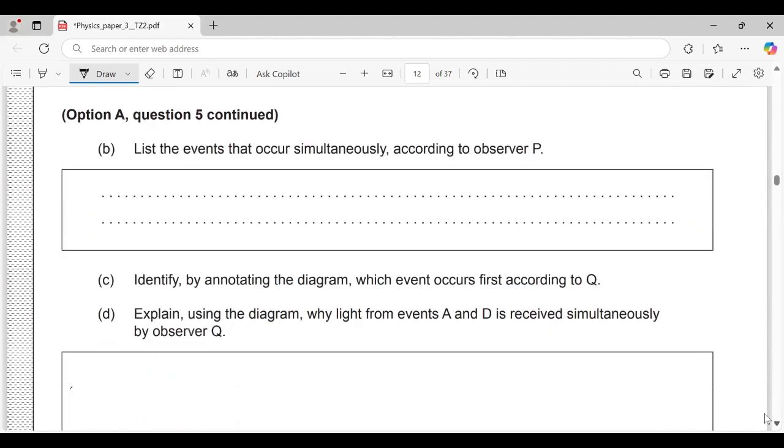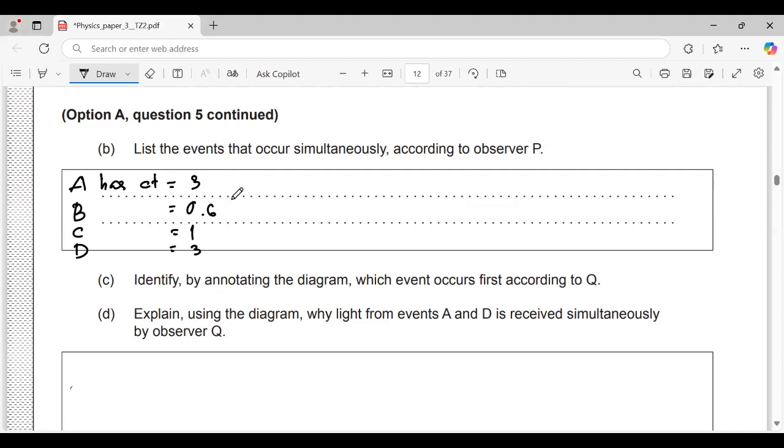List the events that occur simultaneously according to observer P. Right. So from the coordinates of the four events, event A has ct coordinate 3. B has ct coordinate 0.6. C has ct coordinate 1. And D has ct coordinate 3.